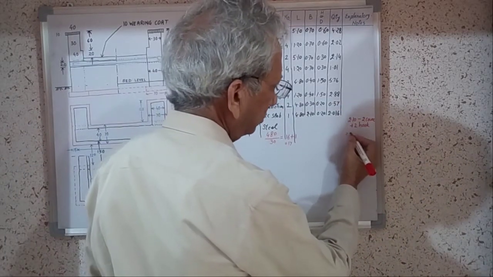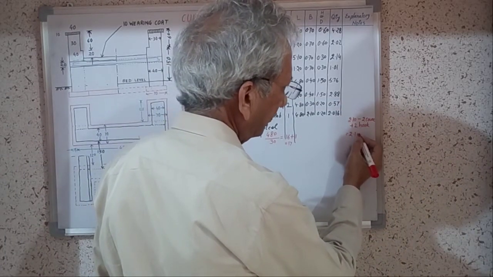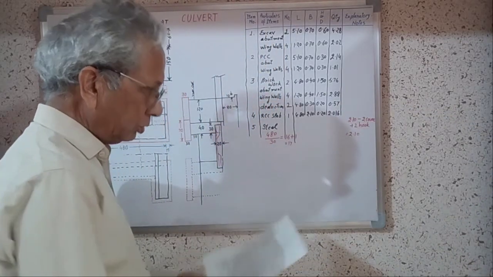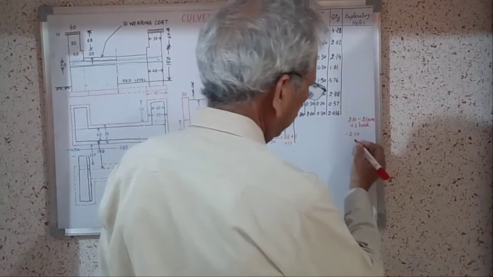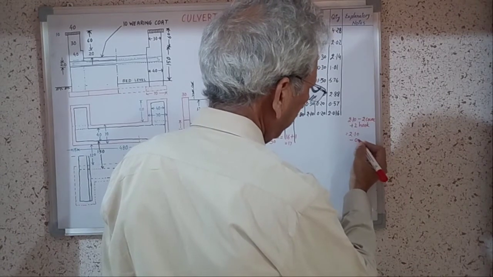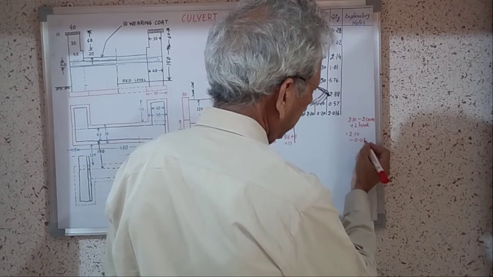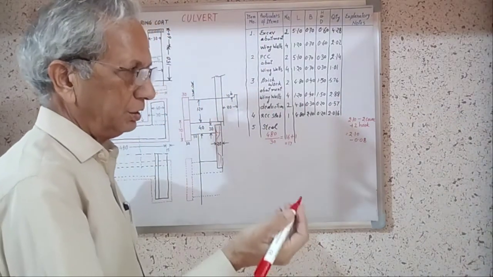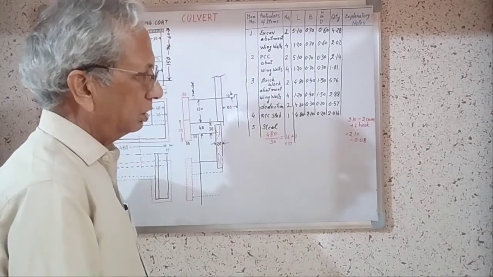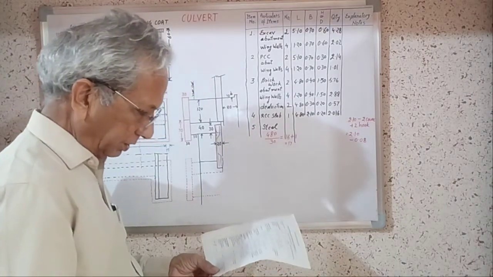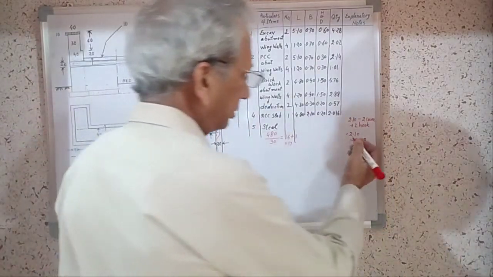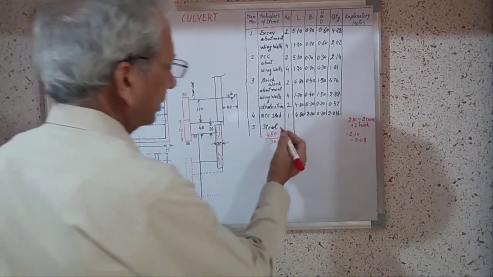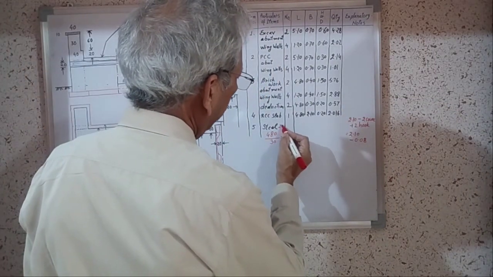Now it is equal to 210 minus 2 cover, 4 centimeter and 4 centimeter, minus 8 centimeter plus 2 hooks. 9D is the length of one hook. Therefore, it will be 18D. The diameter of the steel is 20 mm.